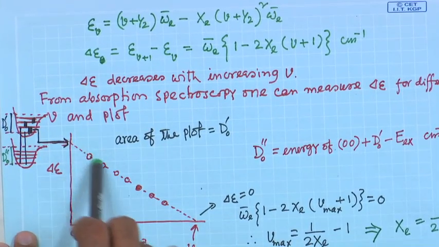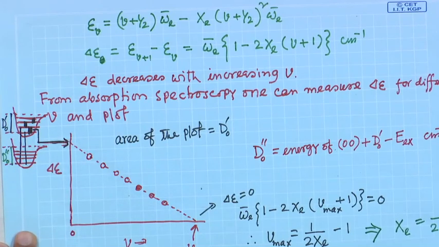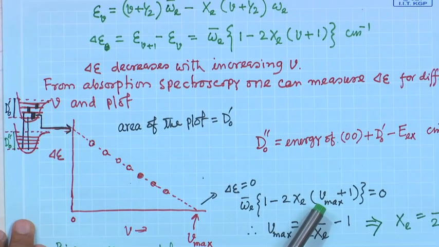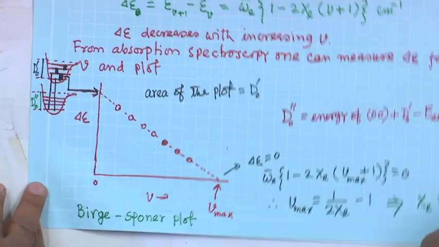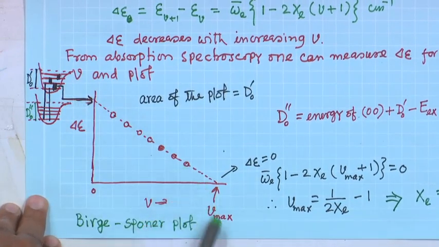I have connected them with a dotted line and extrapolated on both sides, because it is very difficult to identify which spectral line is V equal to 1, and at the continuum limit what is the value of V. Using this plot, if we extrapolate, one can find the V max, the continuum limit.